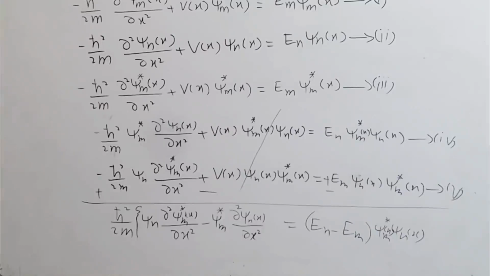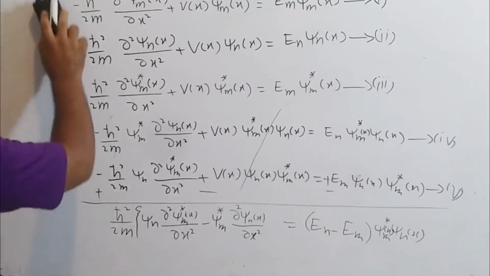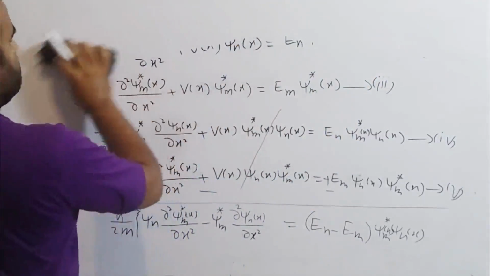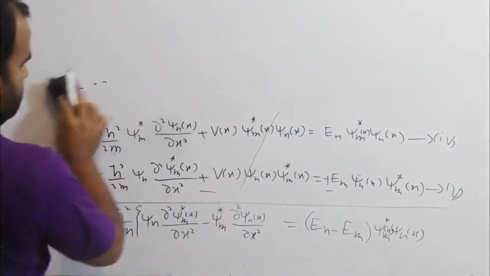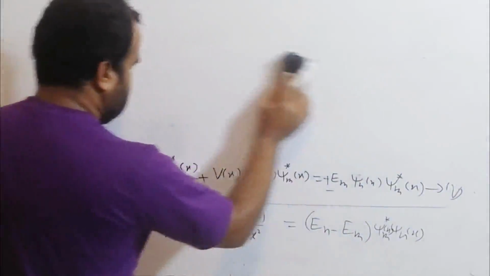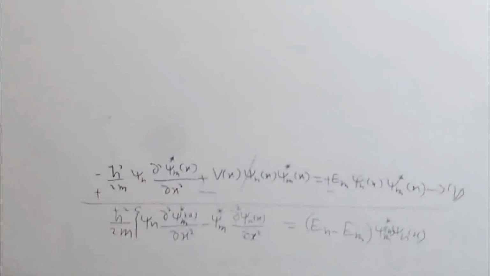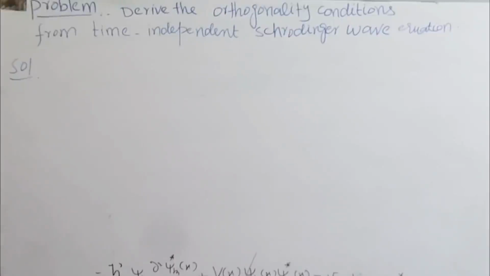Okay, now ħ² divided by 2m. I'm writing this equation on the next.